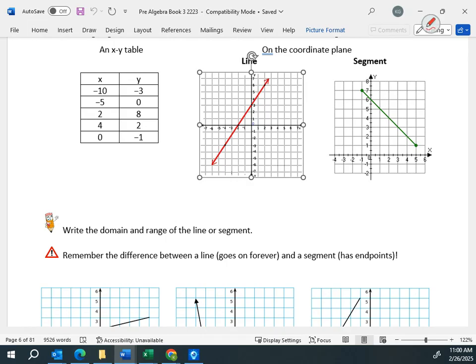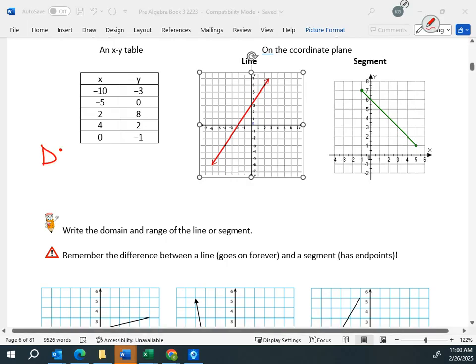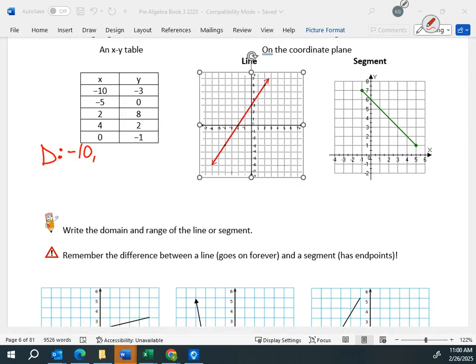What's our domain in this function table? Hadley. Keep going. -5, 2, 4. So in that function table, it tells us specific x's. You write down every single one of those x's.